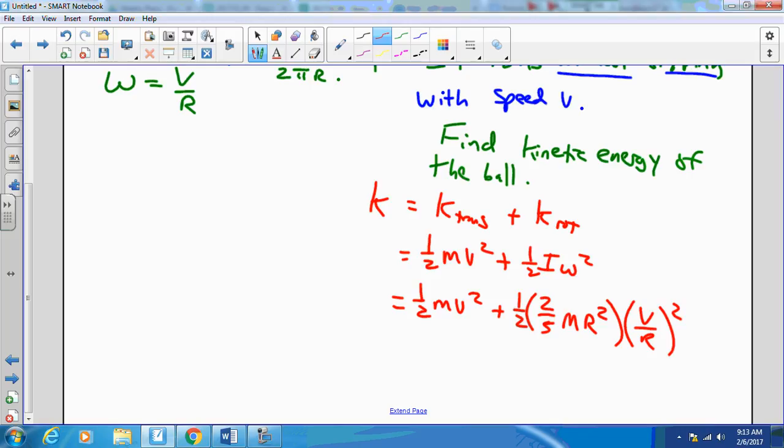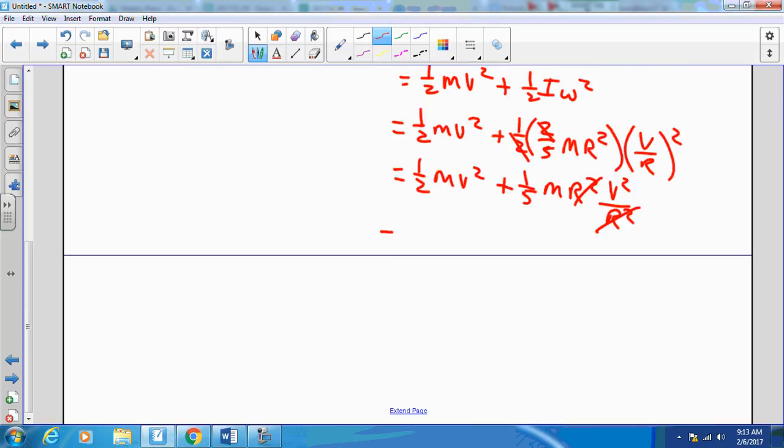And something really interesting happens, and that is that the r squareds cancel out. And as a result, I'm left with two different terms, each of which expresses the various contributions to the kinetic energy.